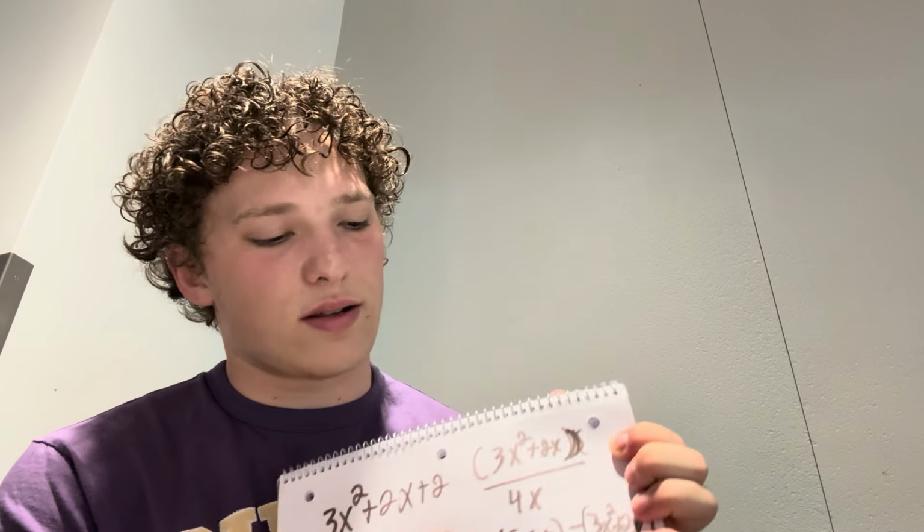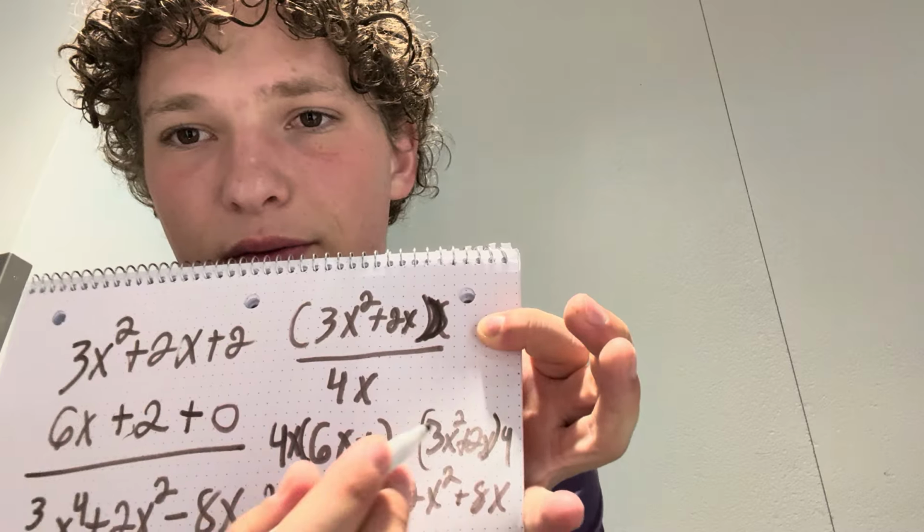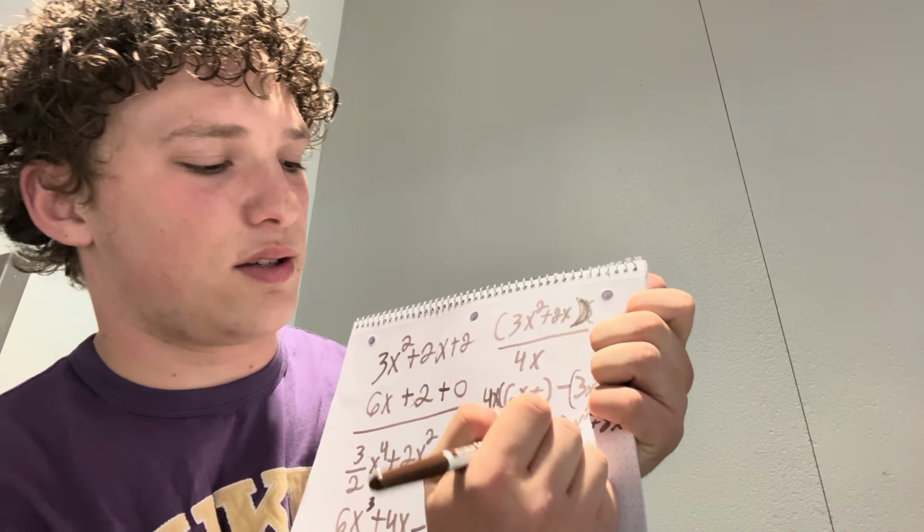Minus, we still have to FOIL this, 4 times 3x squared is 12x squared, and 2x times 4 is 8x. If you distribute the minus sign, these signs switch up, and it's going to be this over low squared, 4x squared. We get the gist of it.